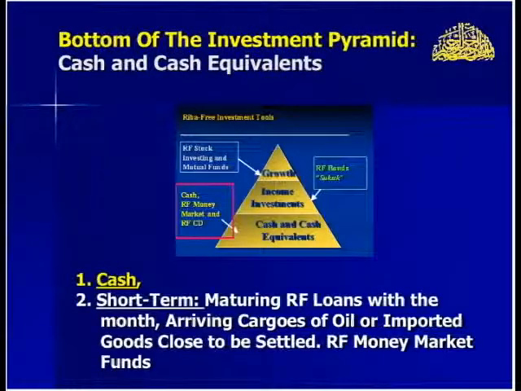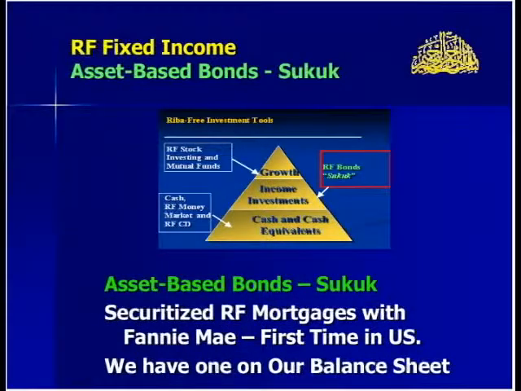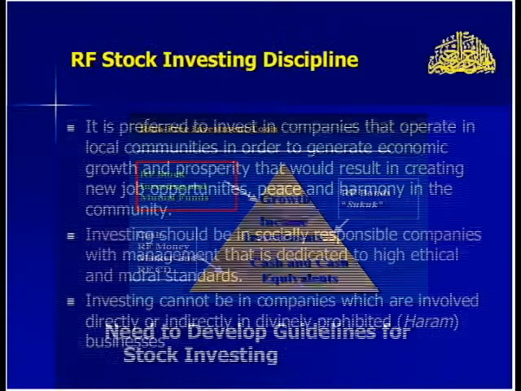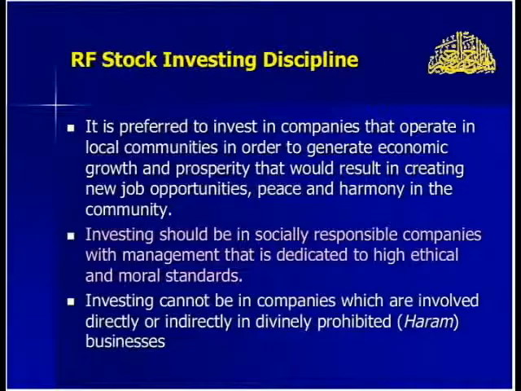So we talked about the cash and the short-term investments, and we talked about the asset-based bonds, and we talked about the guidelines of investing in stocks. What are these guidelines?